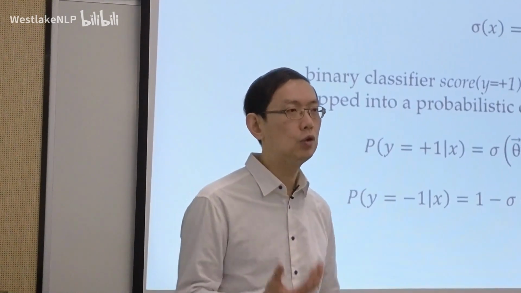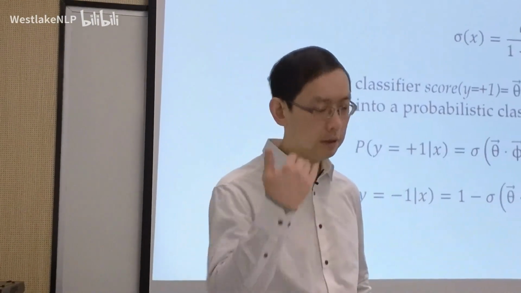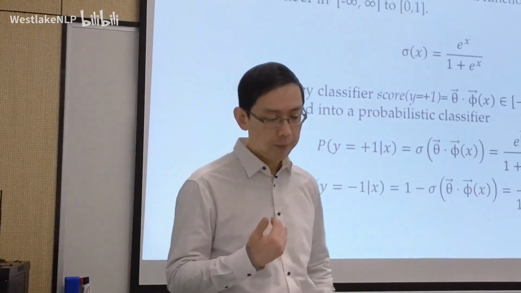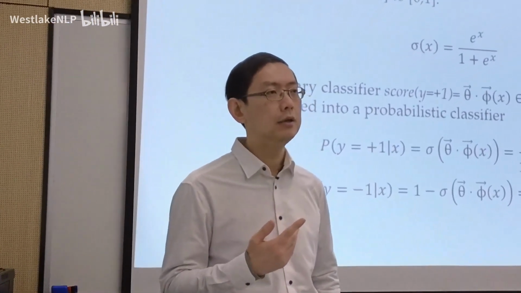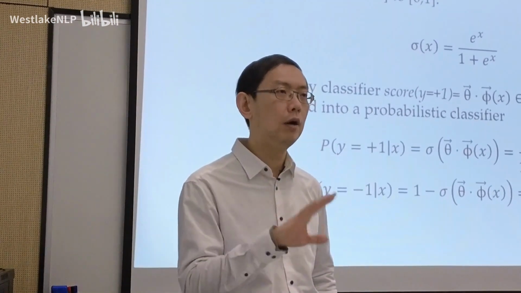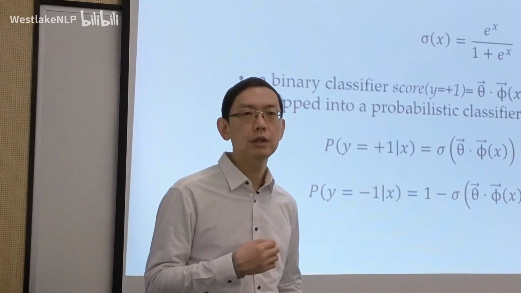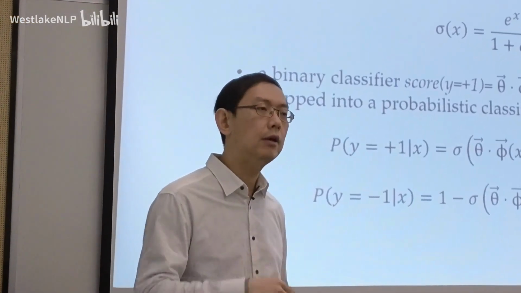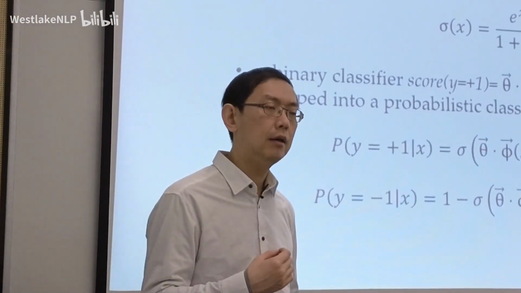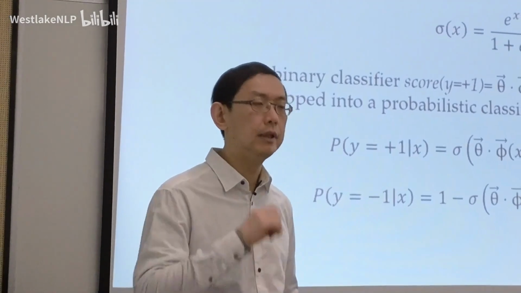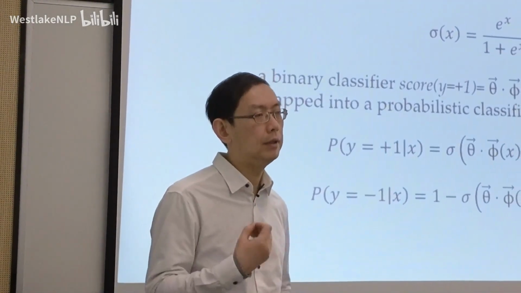We want to score this input document as a positive class by defining a parameter vector theta, so that theta dot phi is a score that represents the positive class. We used to say if theta dot phi is greater than 0, then we predict a positive class. Otherwise, we predict a negative class.